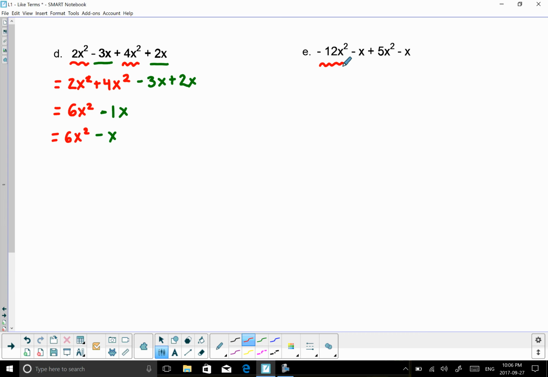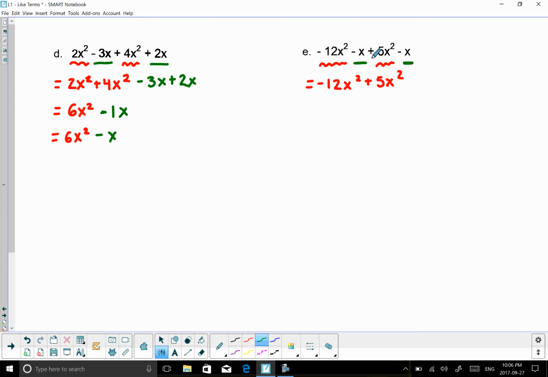So here it is, negative 12x squared. Looking for a like term with this, you're looking for another x squared. And here's 5x squared. So I bring those together. So I'm collecting like terms first. Then I have a negative x and another negative x.